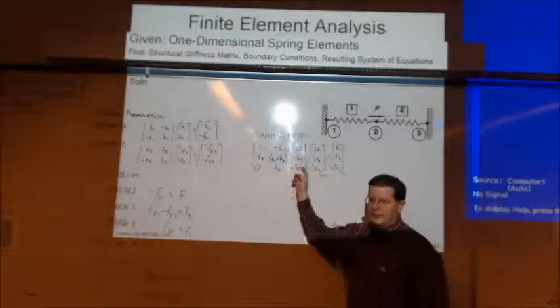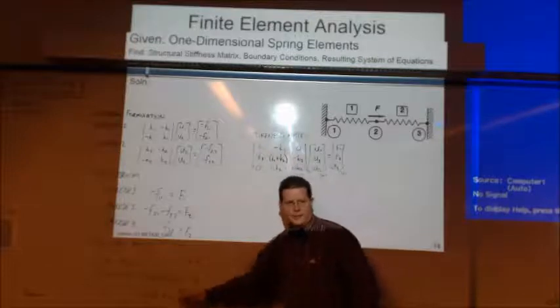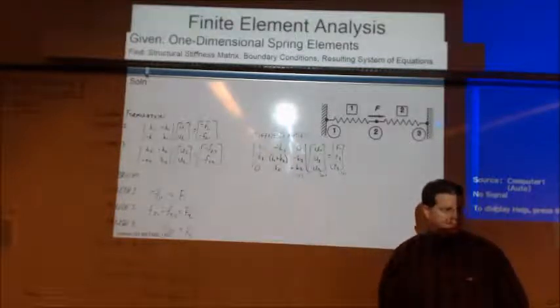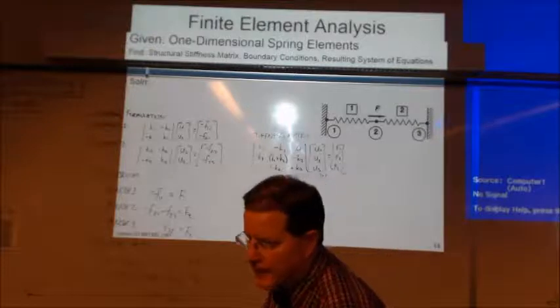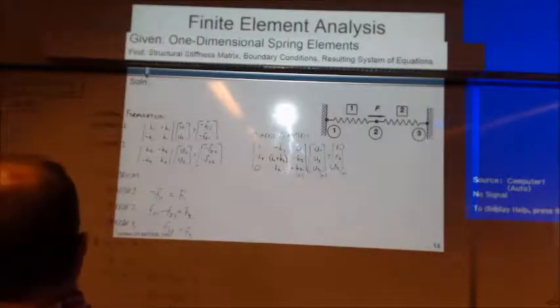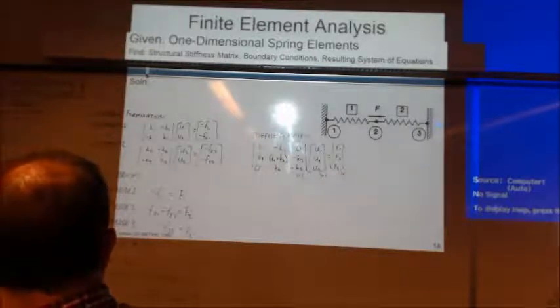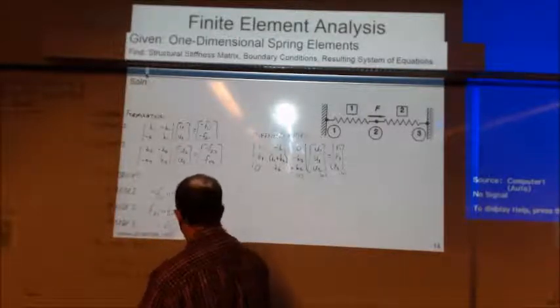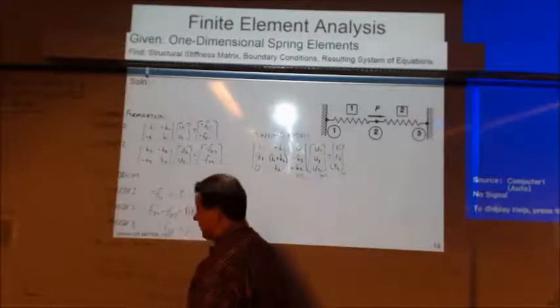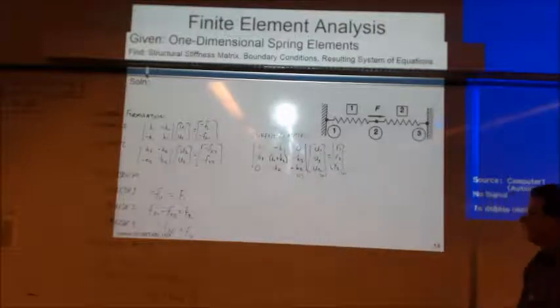So is this stiffness matrix making sense from these equations? Kind of, sort of, hopefully. This means that not minus F3 to equal is F3. Oh, yes, sorry, thank you very much. Yep, that's a 3. Excellent.